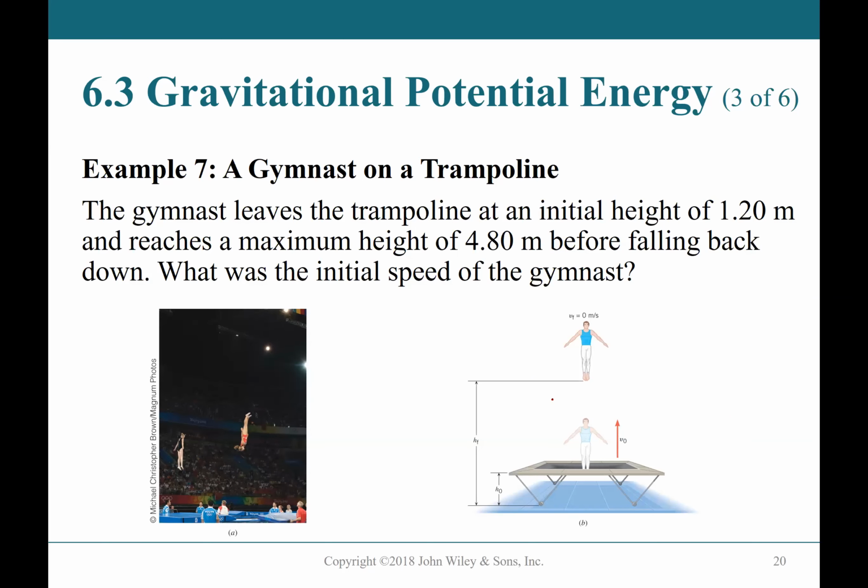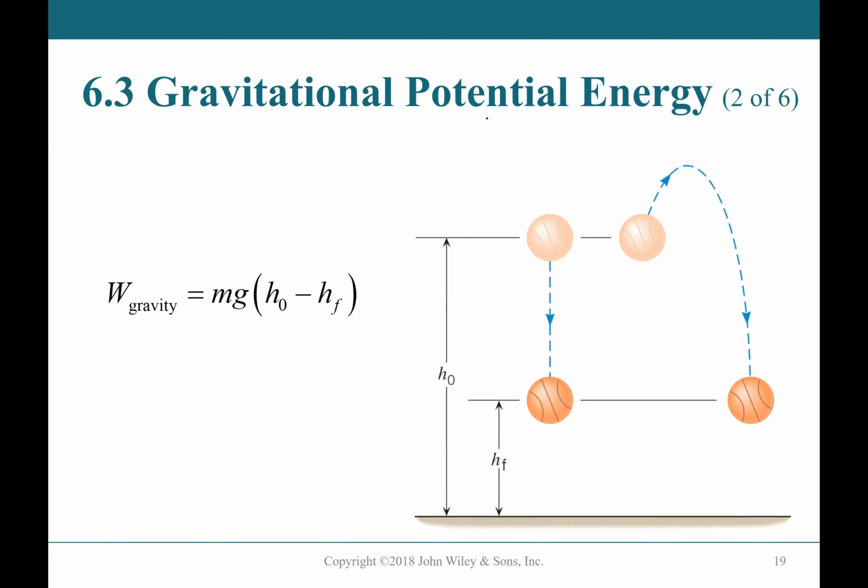Okay, so here we have another example. What is the gravitational potential energy? Now, the gravitational potential energy is going to be the same as the work done against gravity. So let me go back and explain it to you again. When I do work, I move this weight to a certain height.